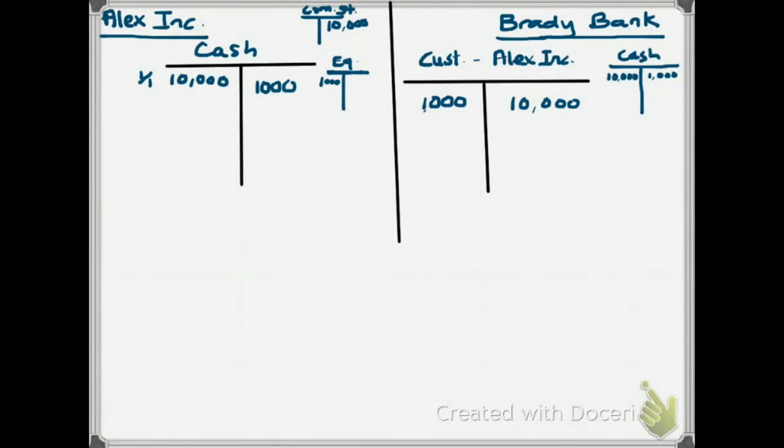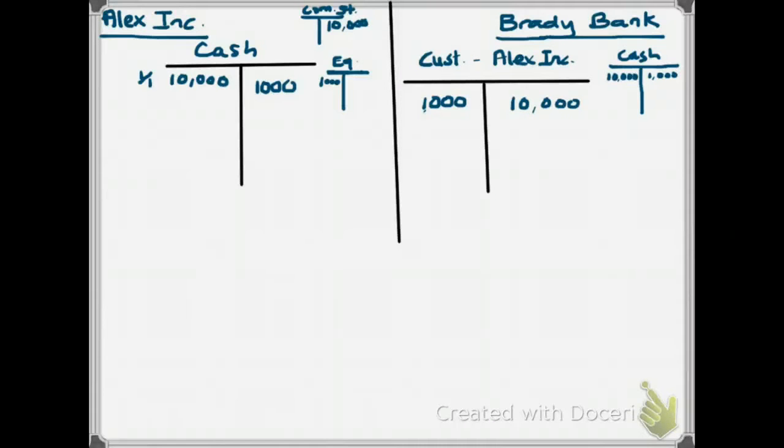For the next few transactions, I will not show you both the debit and the credit side for Alex Inc. and Brady Bank. I will only show you what goes on the cash account. Always know that every transaction has to have an equal and opposite reaction.